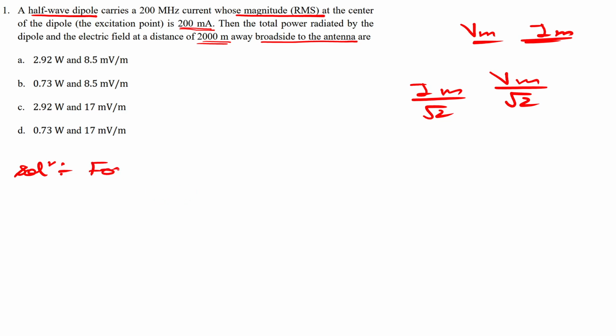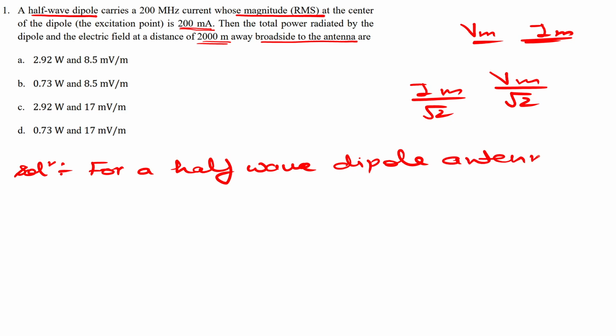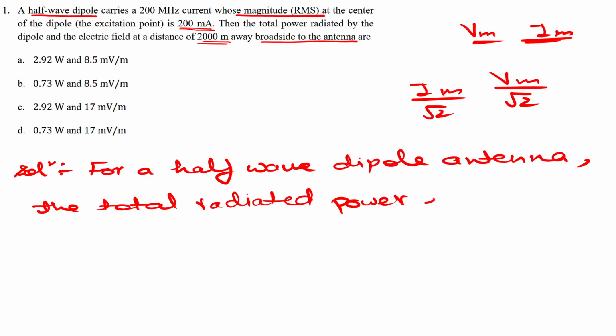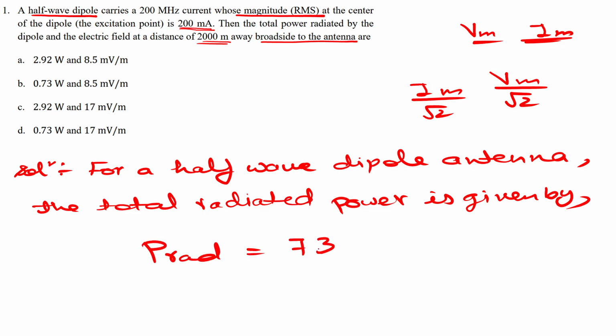So for a half wave dipole antenna, the total radiated power is given by P rad is 73 into IM square by 2.